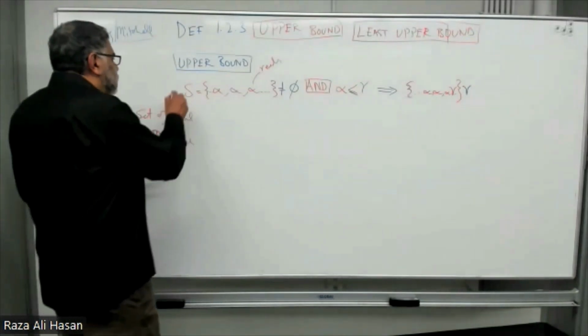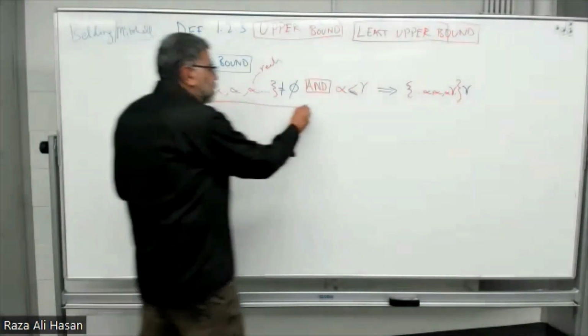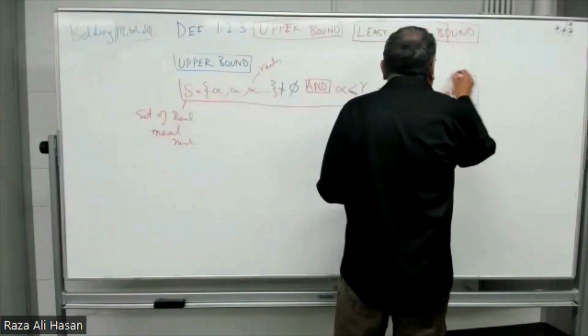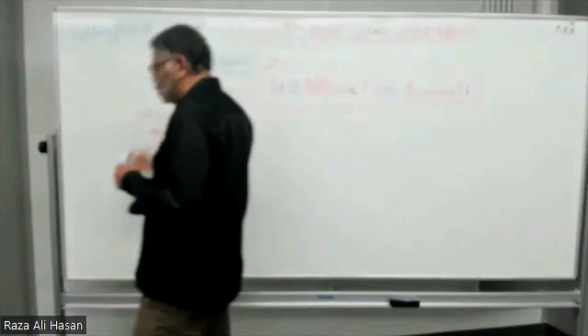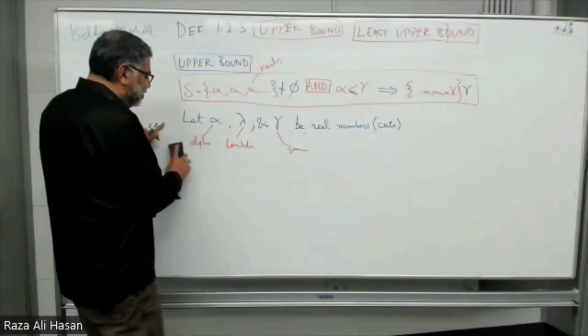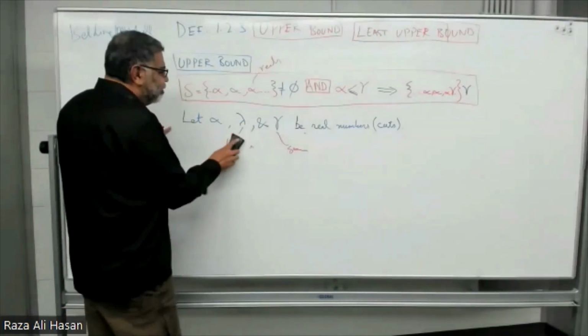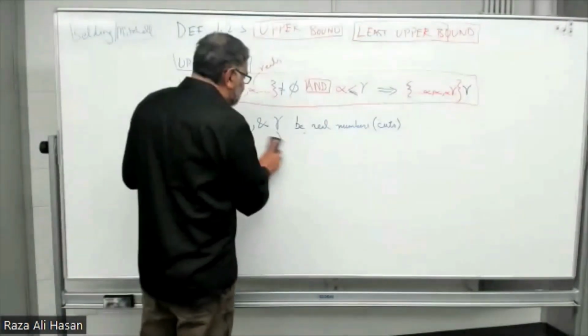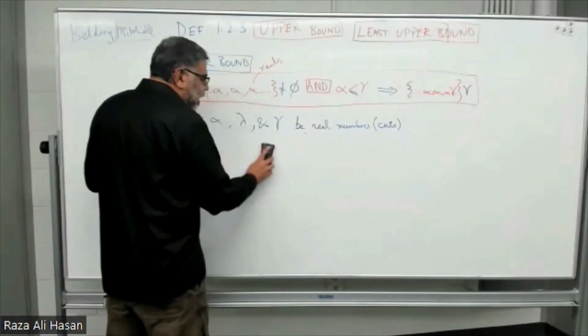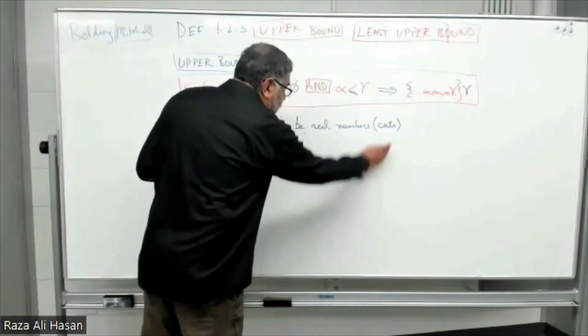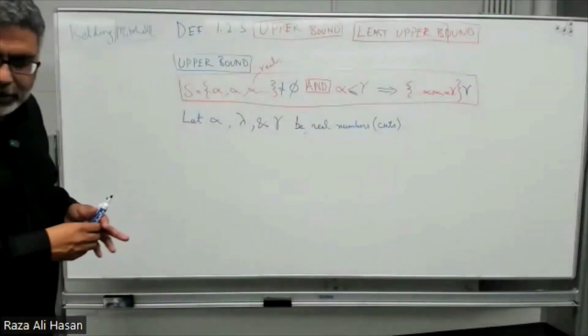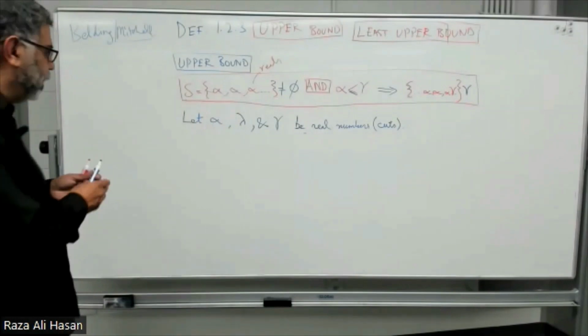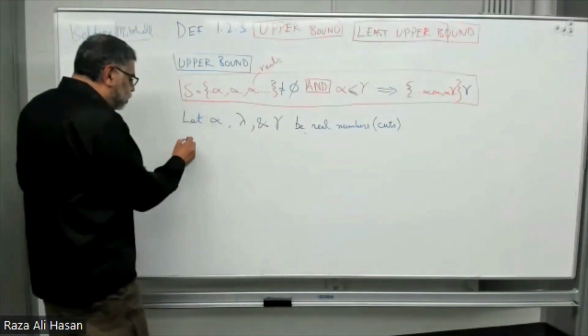Gammas are not easy to make either. So let alpha, lambda and gamma be real numbers, as in cuts. And then these numbers are going to be in this set.